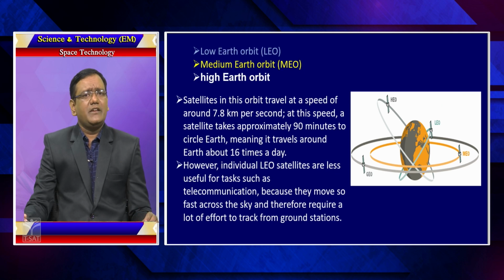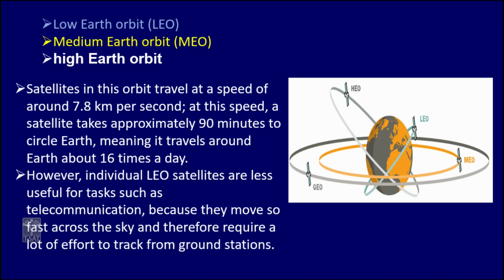The satellite in this orbit travels at a speed of around 7.8 kilometers per second. At this speed, a satellite takes approximately 90 minutes to circle the Earth, meaning the sun-synchronous orbit that we were talking about travels around the Earth 16 times a day.